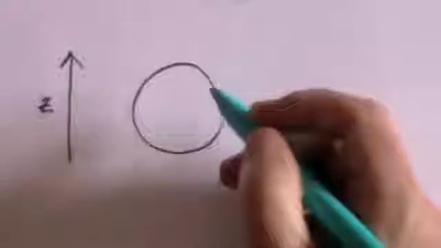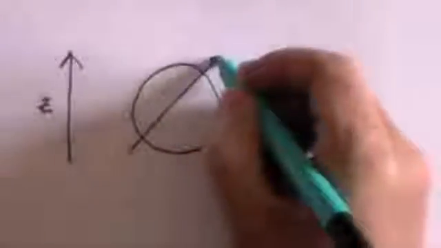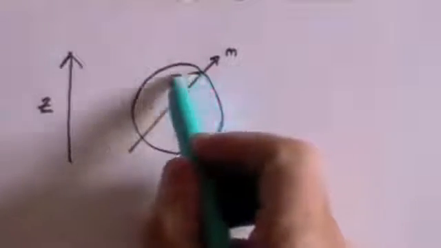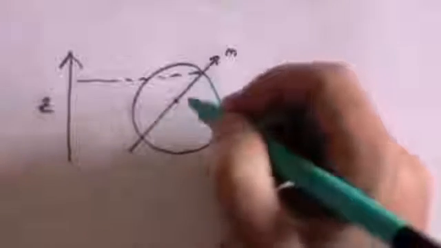So here is my spinning ball, as it were. There's the axis, which we'll call m. What we're going to do is measure that angular momentum along the z-axis, or the z-coordinate.